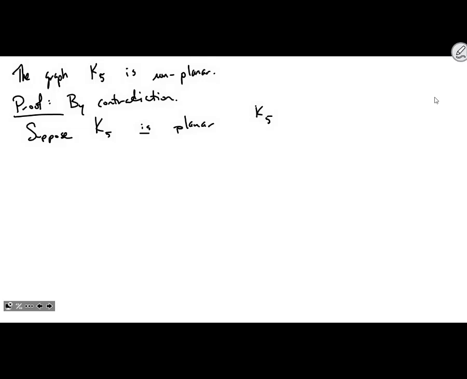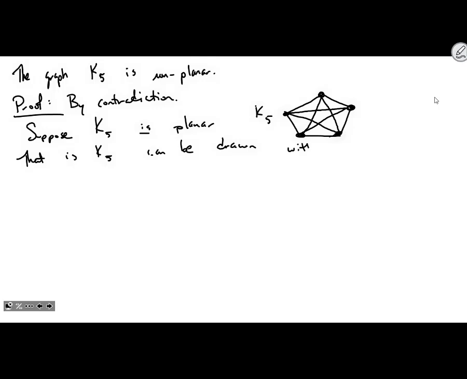Remember, K5 looks like this. It's got this star inside of my pentagon. Okay, so suppose K5 is planar. That is, K5 can be drawn without edges crossing.